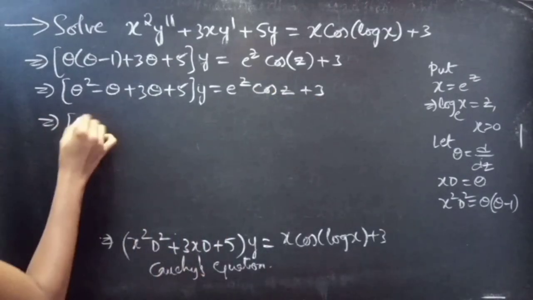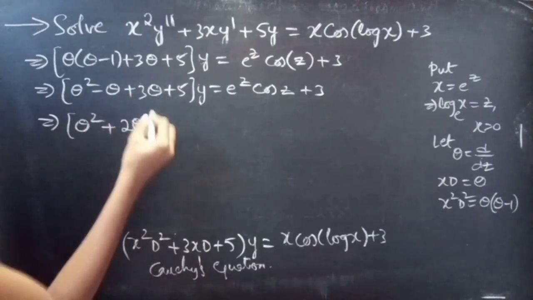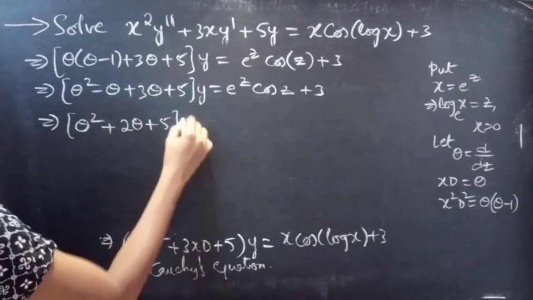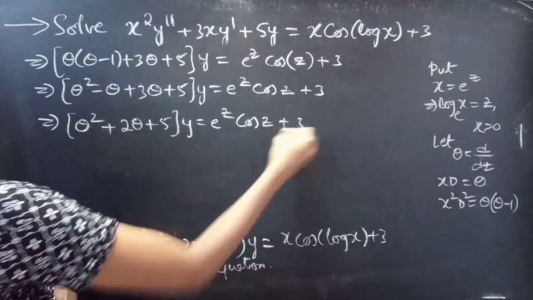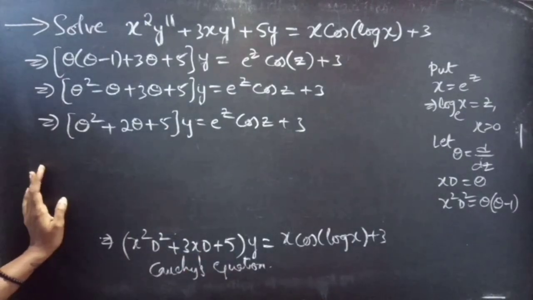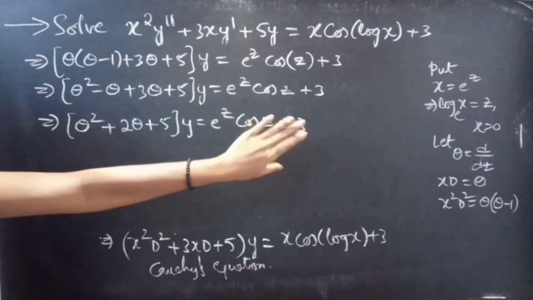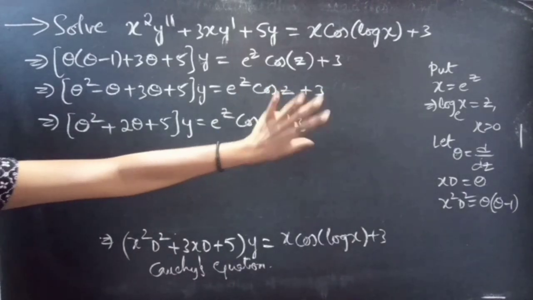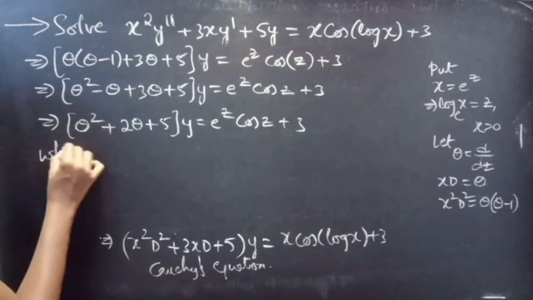Then theta square minus theta plus theta is 2 theta, plus 5, into y equals e power z into cos z plus 3, which is in operator form. F of theta into y equals a function of z and a constant, right? Which is in operator form.